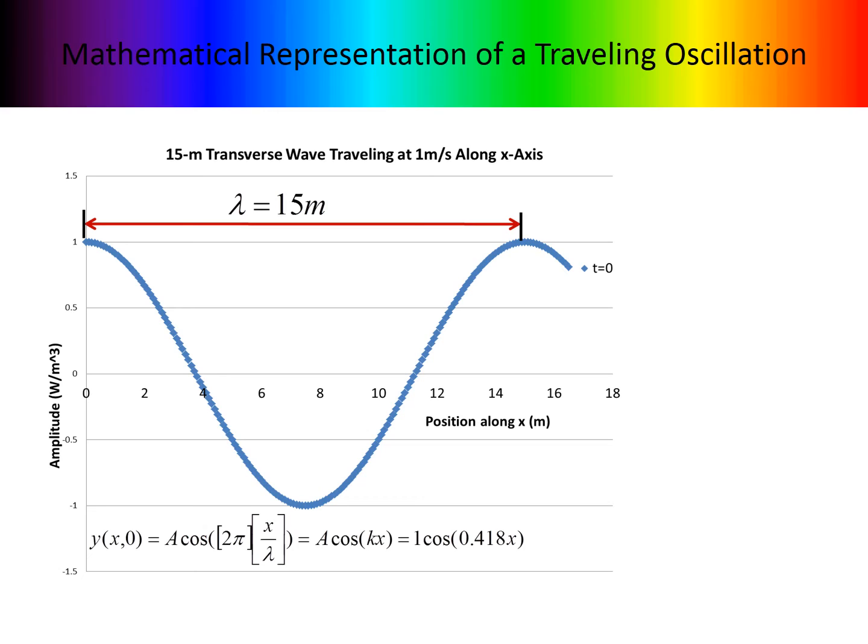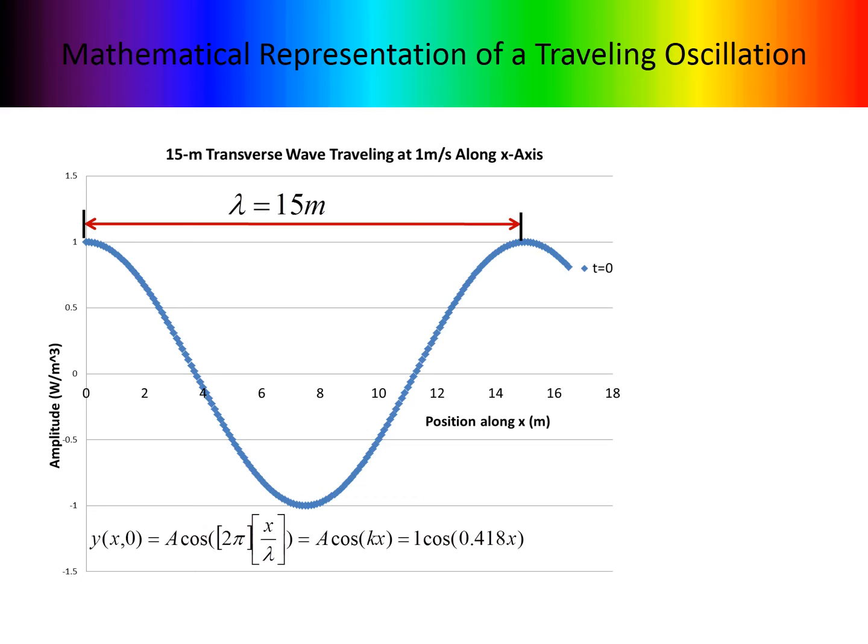If we look at the middle of the wave, so that would be x equal to lambda over 2, y of lambda over 2 and 0 gives us A cosine of 2 pi over 2, because the two lambdas cancel each other. And so we're left with cosine pi, which will give us negative A, or maximum negative value.